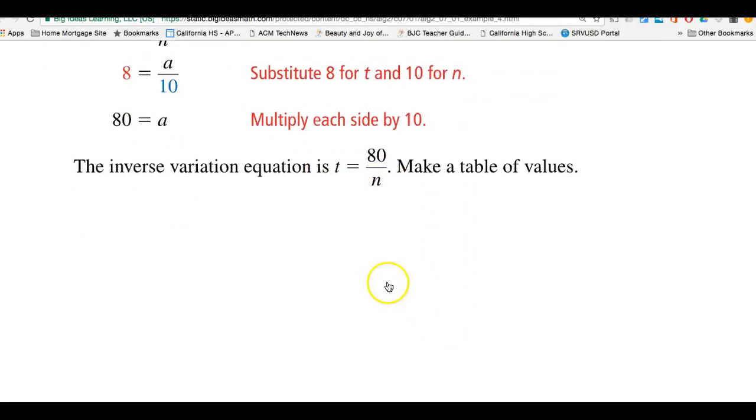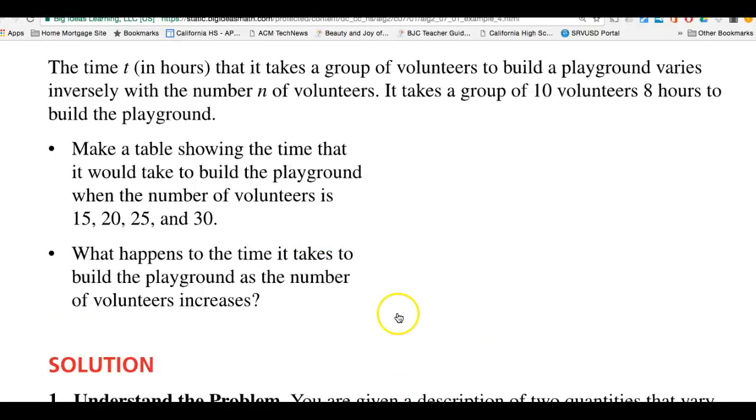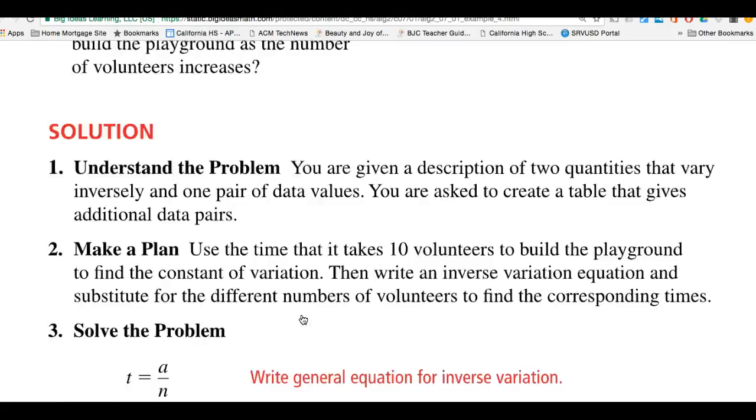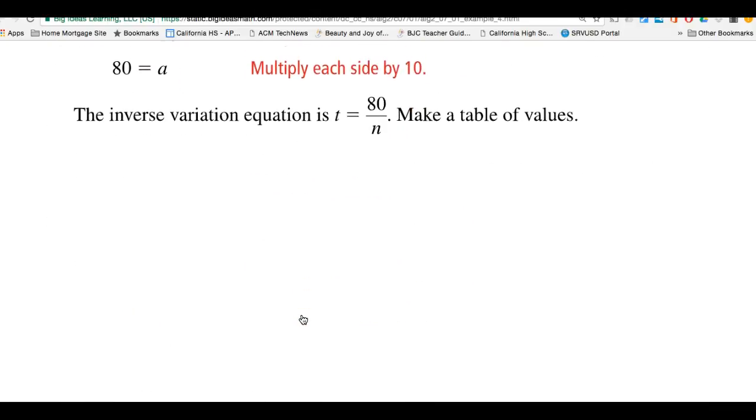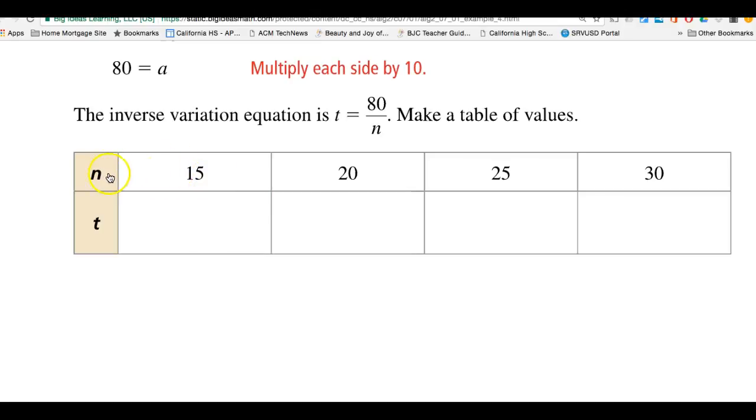Now we need to make our table of values. If you remember, we want to make a table showing how long it's going to take for 15, 20, 25, and 30 volunteers. So let's write this in first. We'll make our table. N, these are the values we're going to plug in. So 80 over 15 gives us 5 hours and 20 minutes.